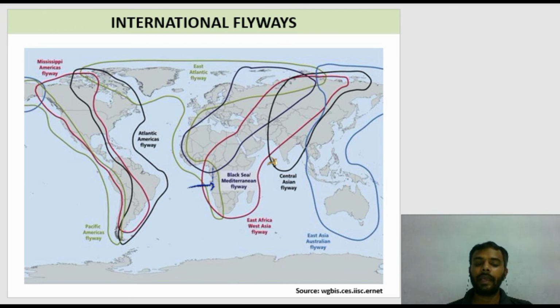Birds migrate in similar habitats. Wherever they migrate, they don't change feeding habitat at least. So wetland birds will migrate to wetland, forest birds migrate to forest, shrubland or grassland birds migrate to shrubland or grassland, and shore birds will definitely migrate to coastal areas and shores or lagoons only.